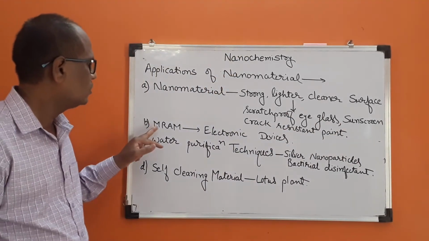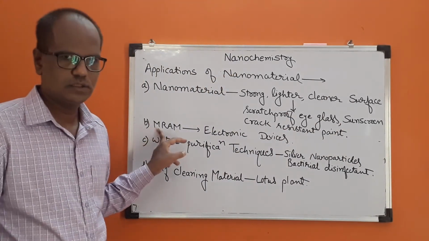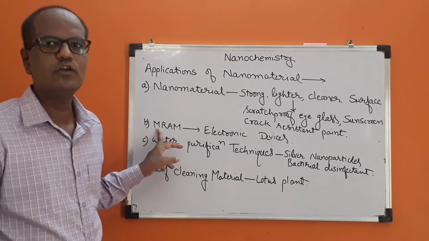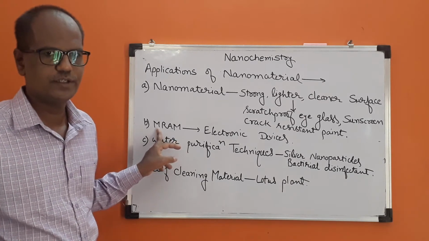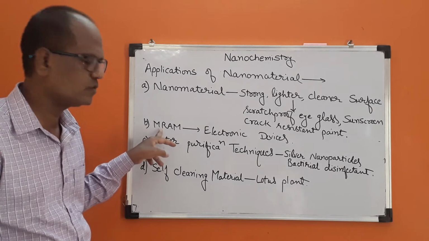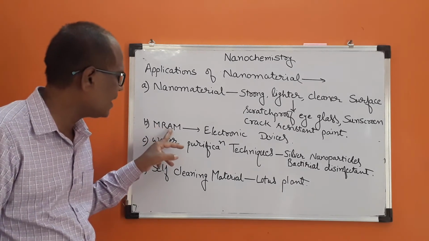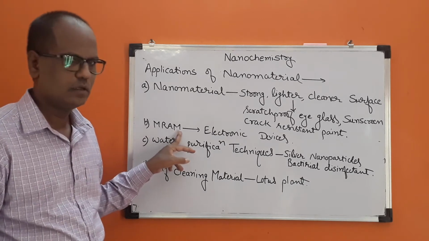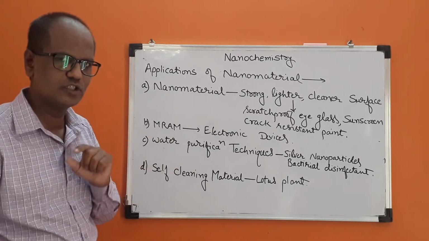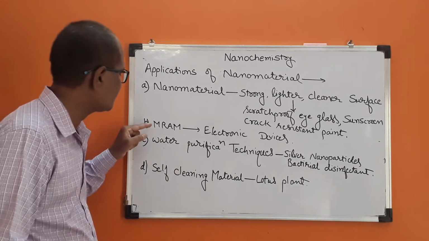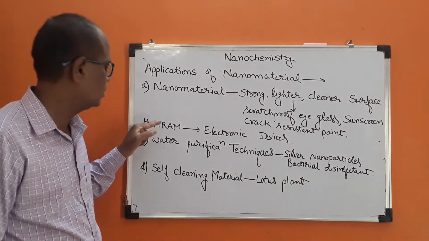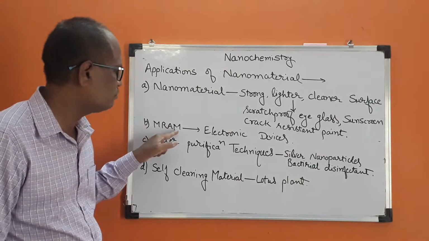After that, there is an electronic device generally used in computers or mobiles, used in modern technique. What is this? Magnetoresistive random access memory. I repeat, this is one of the electronic devices used in computers, known as magnetoresistive random access memory.